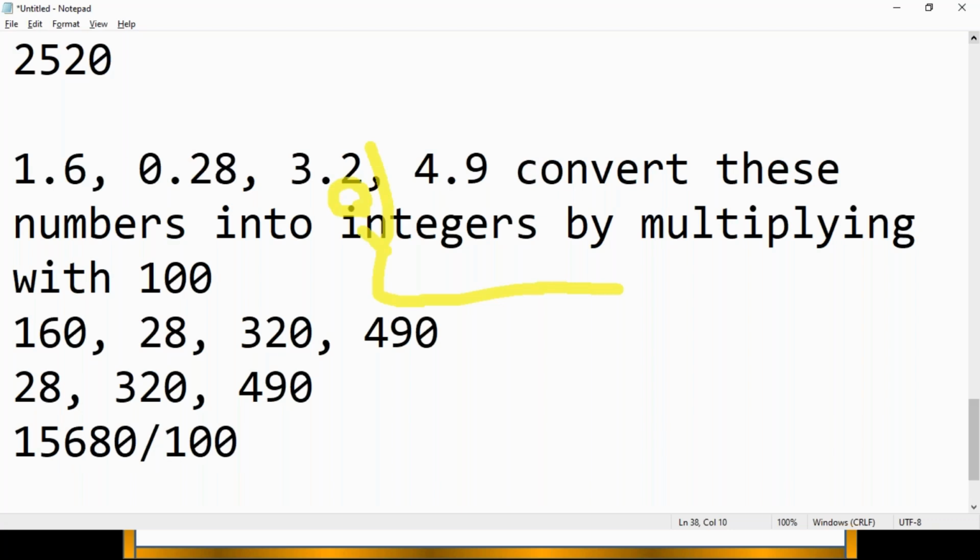Initially, you multiply with 100, whatever the multiplication factor, and you can go with the same divisor. 156.80 is the answer for the given example. So this is the answer for the given decimal numbers.